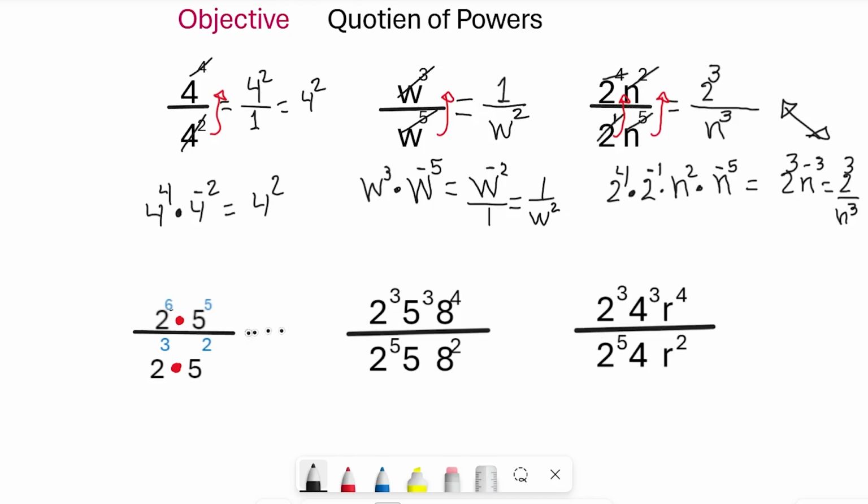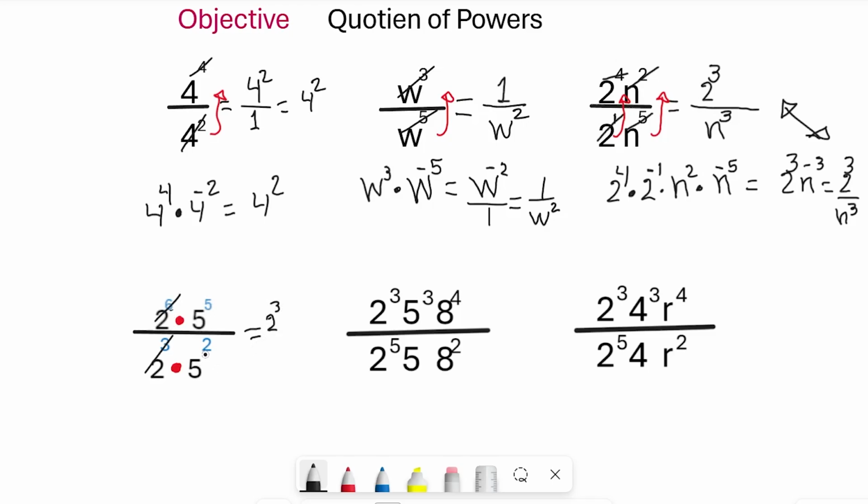Okay, now look at the next one. You have 2 to the sixth power, you have 6 of them on the numerator, and then 2 to the third power. And the most that you can cancel will be 3. And out of 6, you cancel 3 of them, so you end up with 2 to the third power.